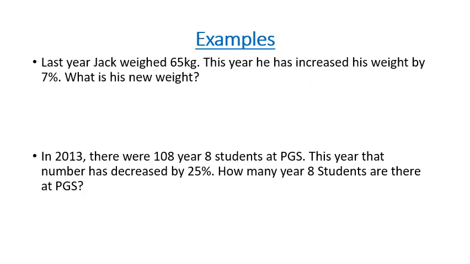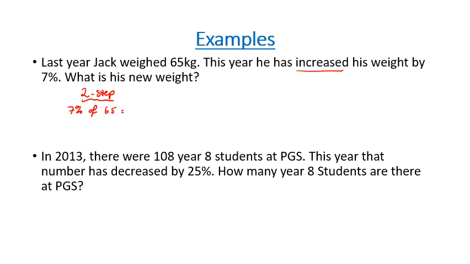Okay, so let's look at a couple of examples. Last year Jack weighed 65 kilos. This year he has increased his weight by 7%. What's his new weight? So if we're going to do our two-step, the first thing we would find is 7% of 65.